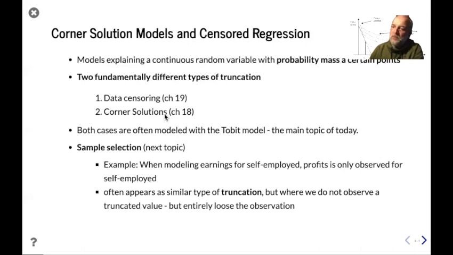Now, the difference here is quite fundamental. In the corner solution outcome model, you have a mass point in both cases, but it's not because of a data recording issue. It's because of the behavior of the agent. It's because the agent says, "Oh, I definitely don't want to buy this good.